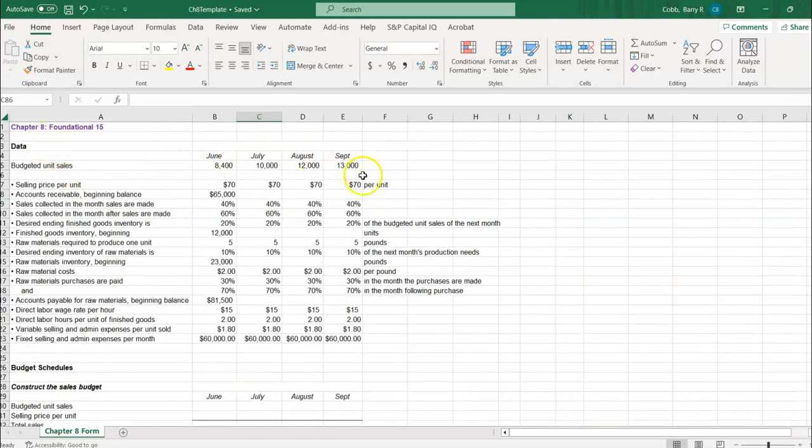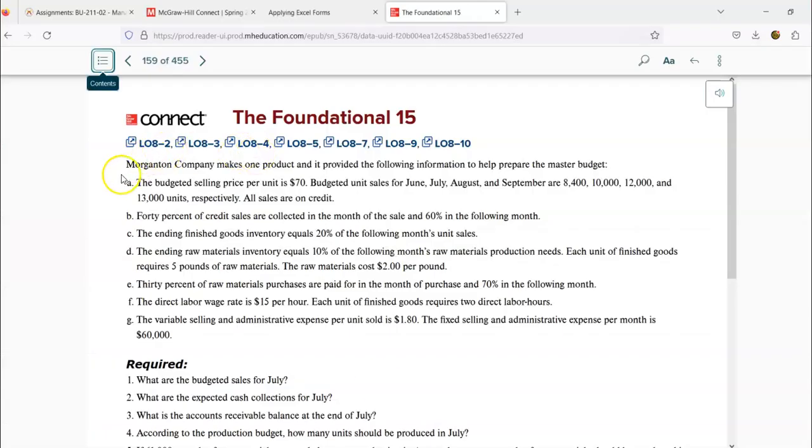And all of the data at the top is the data that's given here for this foundational 15 problem. So the first budget that we want to construct is the sales budget. Up here we have some assumptions for the selling price of this product and the units sold.